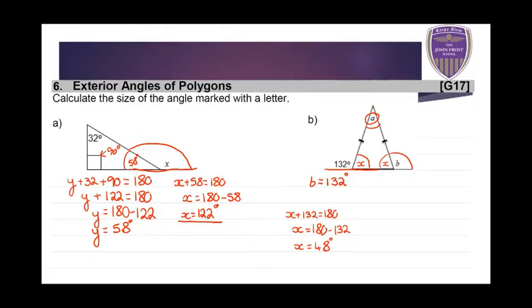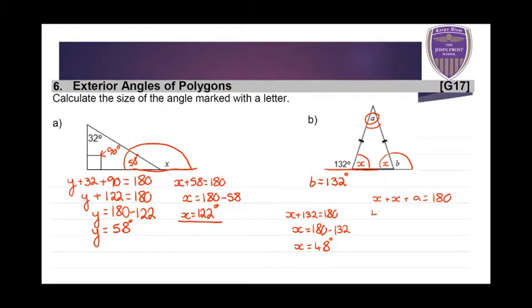So now let's think about what the angles in a triangle add up to. So they add up to 180. So we've got two X's and an A that have to add up to 180. Well, we know that X is 48 degrees.